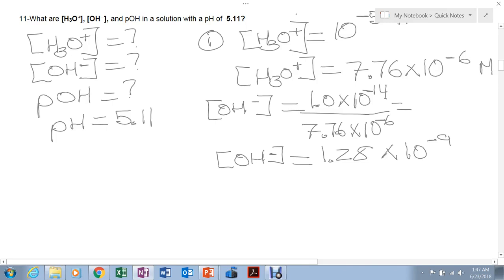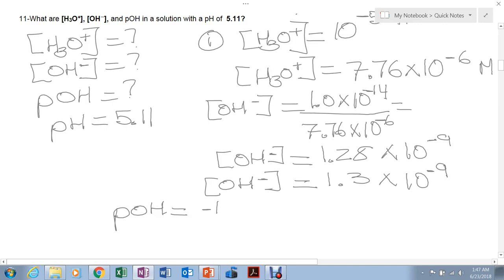And this is going to be pOH equals minus the log of 1.3 times 10 to the negative 9.